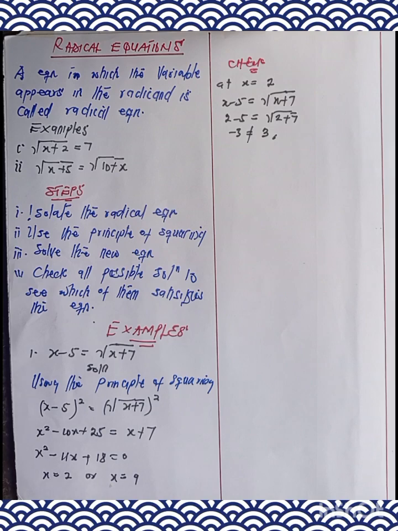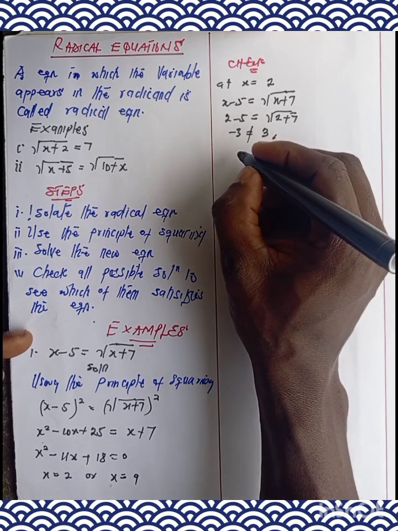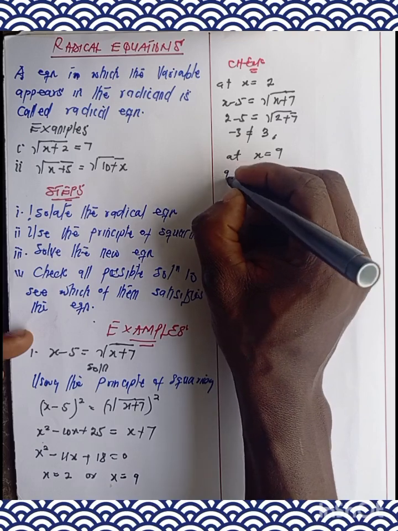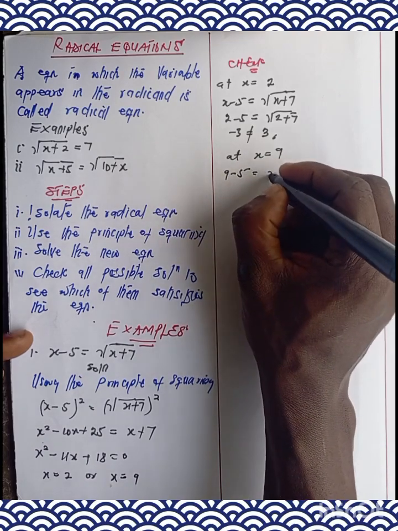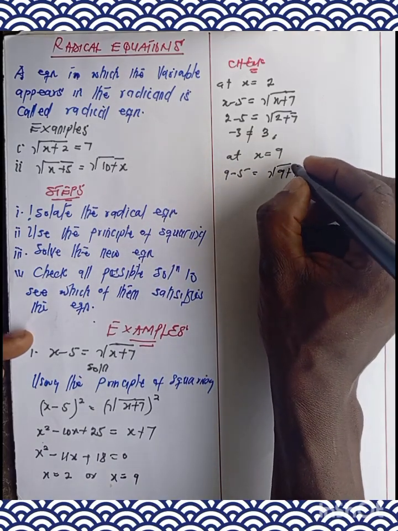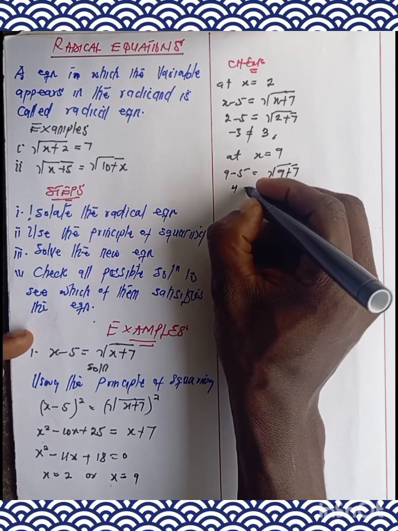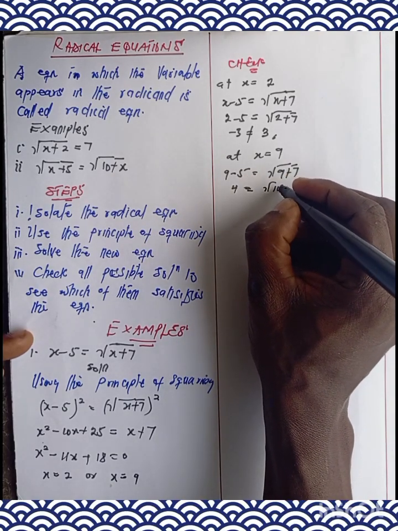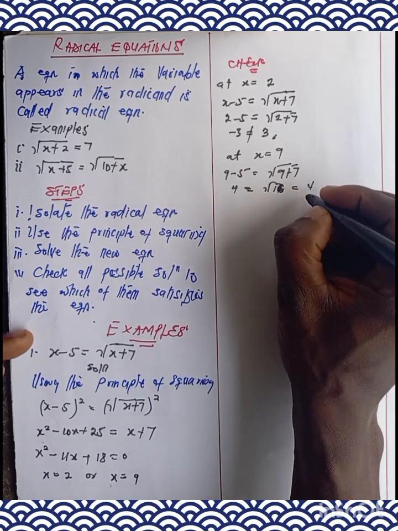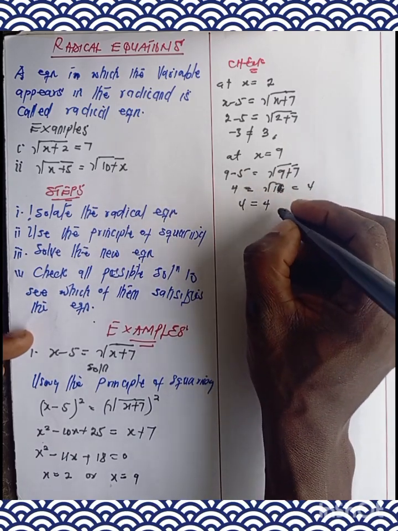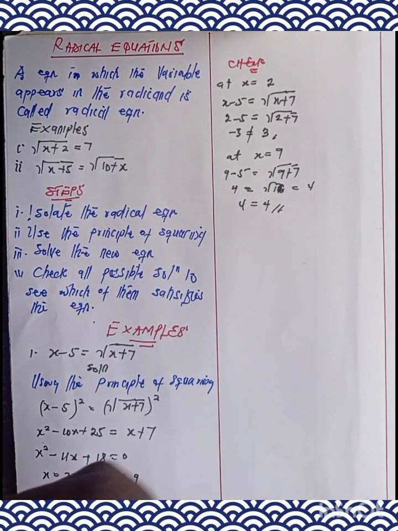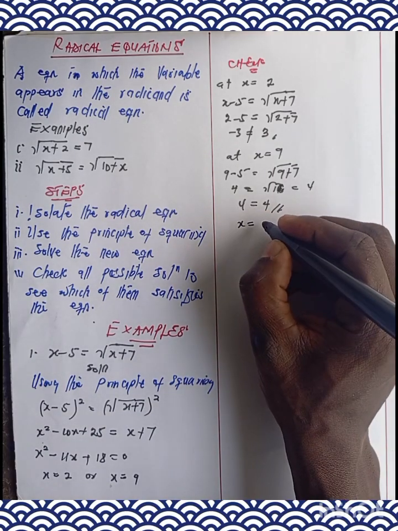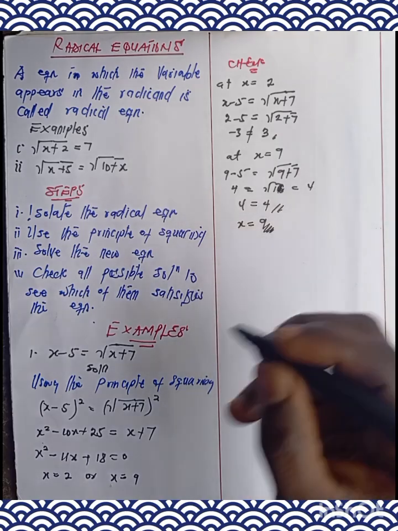So you check the other possible solution. So at x is equal to 9... So it means that the solution for this equation is x is equal to 9, and that is the answer.